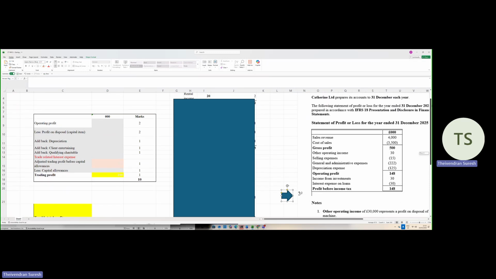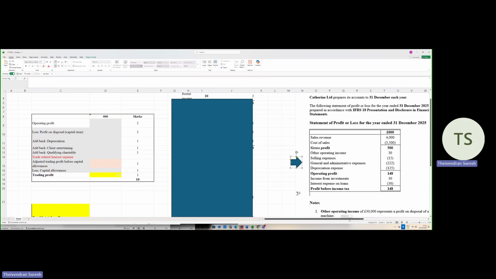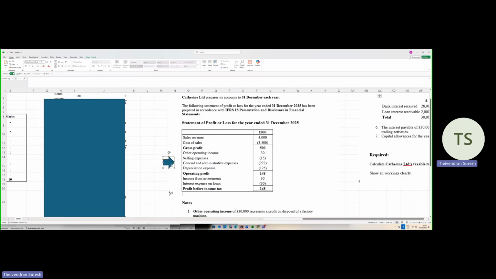For the purpose of calculating the taxable total profit, they have given us a profit and loss account. They said this profit and loss account is based on IFRS 18. This data has been given to us so that we can find the first source of income, which is the trading profit.